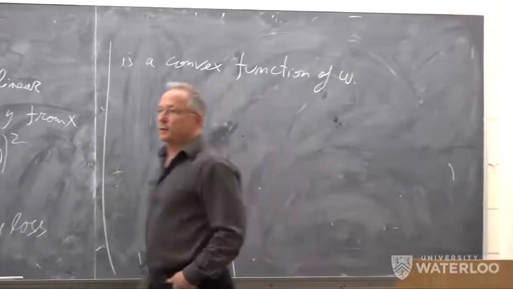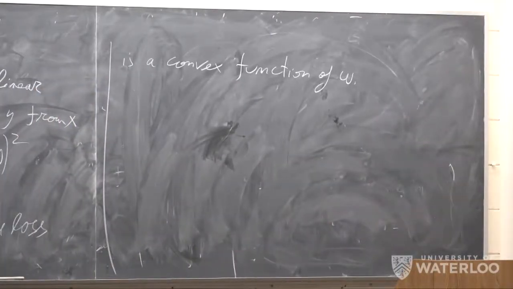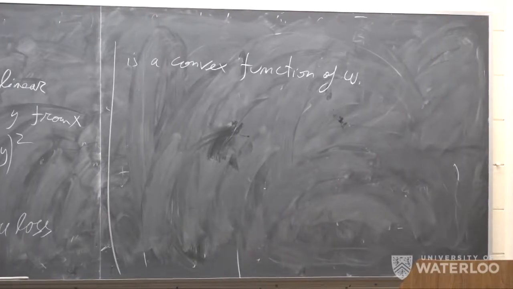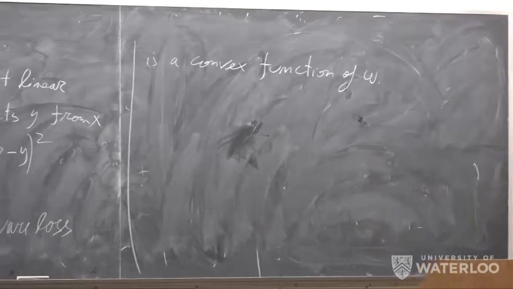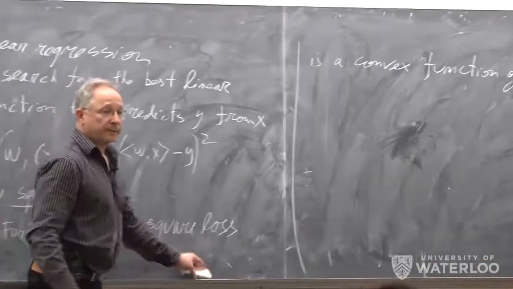W is what I'm searching for. I'm searching for the best line. I have data which are these points, and the loss is a function of w, and it's a convex function of w. And that will be useful for learning such functions.